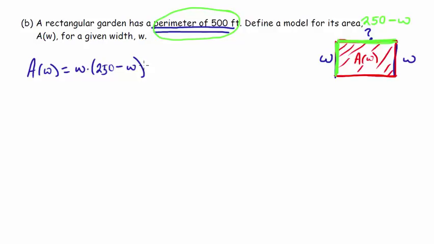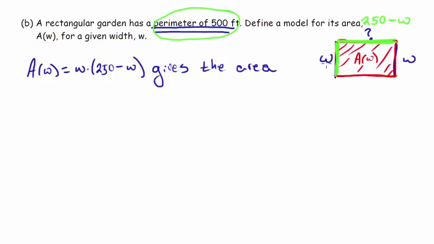Now I need an output description with units, an input description with units, and a domain. So my output here is A of W, or the area. So this gives the area. Now I need units for area. Let's see, my width is in feet.